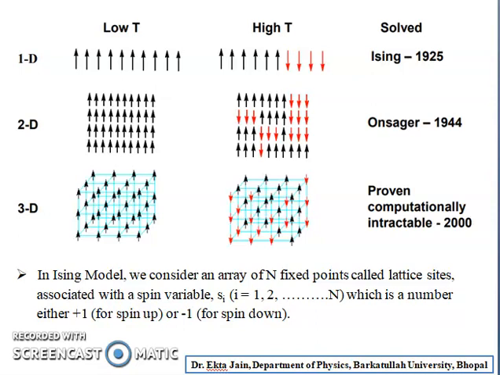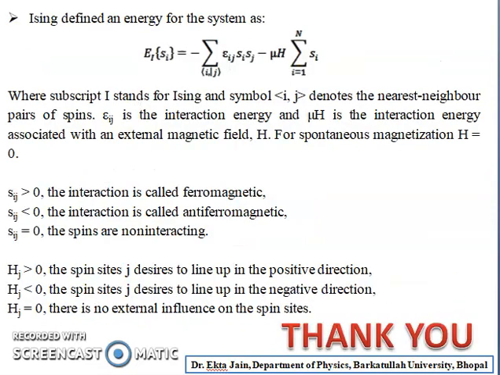So, for the mathematical study of the Ising model, we are considering an array of n fixed points called lattice sites with a spin Si, where i is equal to 1, 2 to n, which is only a number, either +1 for a spin up and -1 for a spin down.